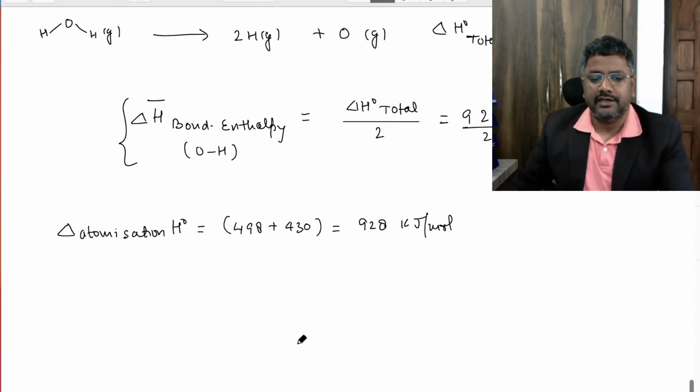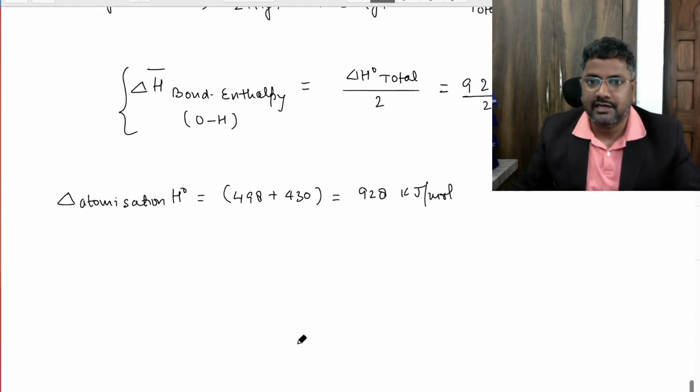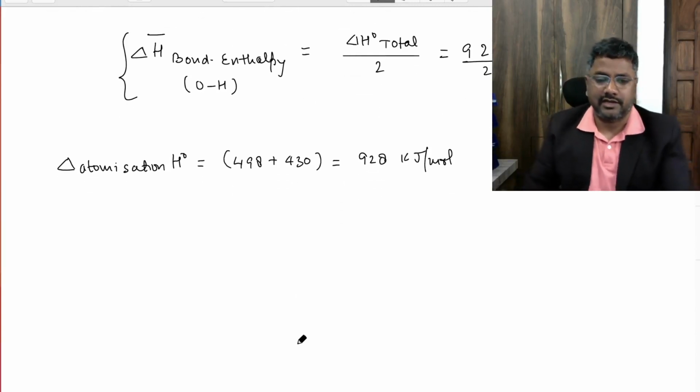Now see, if you want to calculate the enthalpy of any reaction with the help of bond energy data, you can also calculate this.